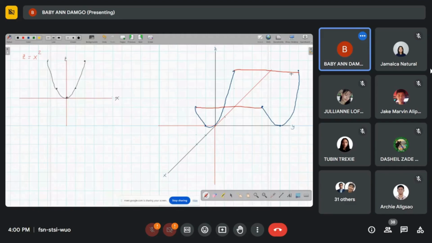So mao ni ato ang mga na form nato nga parabola.